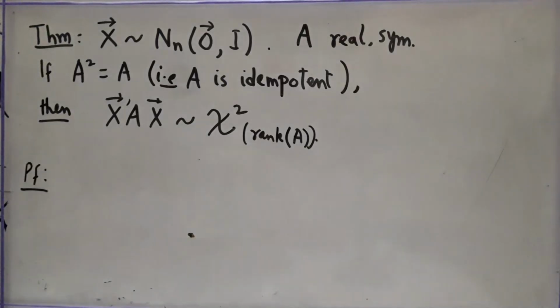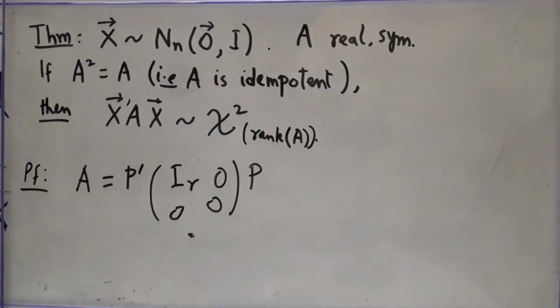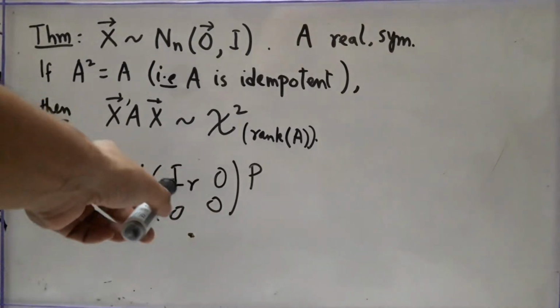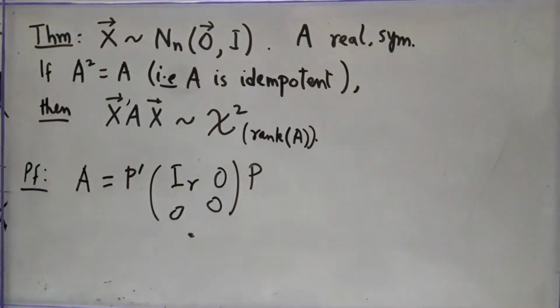The proof uses an important fact from linear algebra. It says that since A is an idempotent matrix, A can be written as A equal to P transpose [I_r 0; 0 0] P, where P is an orthogonal matrix.